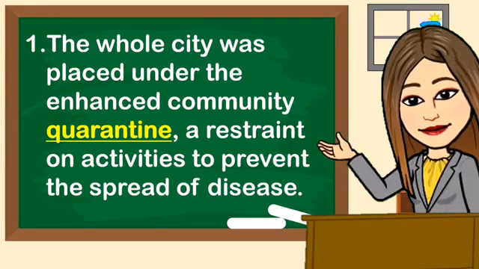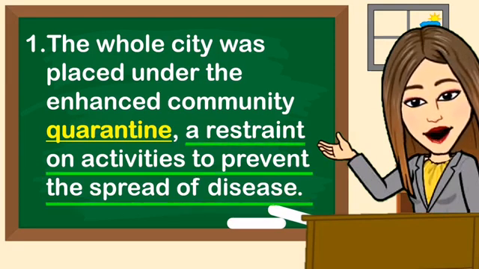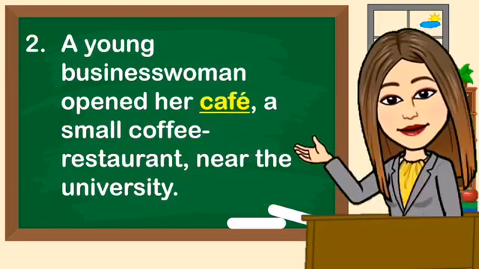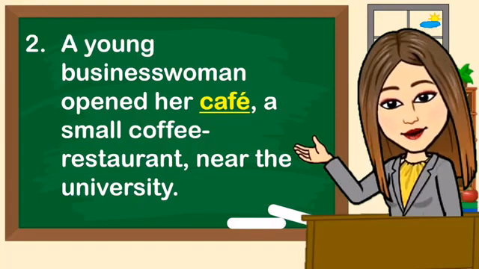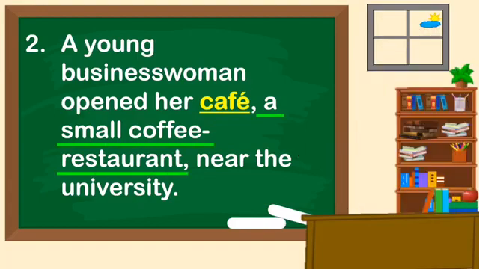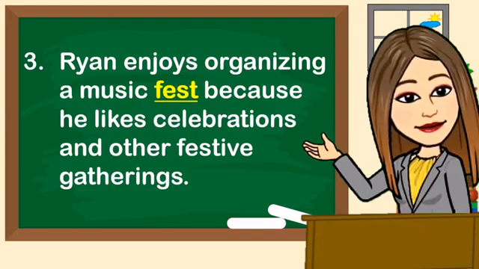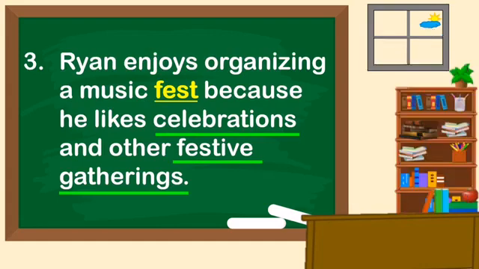Number 1. Quarantine means a restraint on activities to prevent the spread of disease. Number 2. Cafe means a small cafe restaurant. Number 3. Fest means celebrations or festive gatherings.